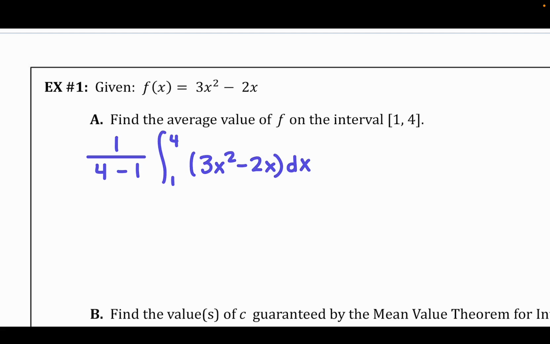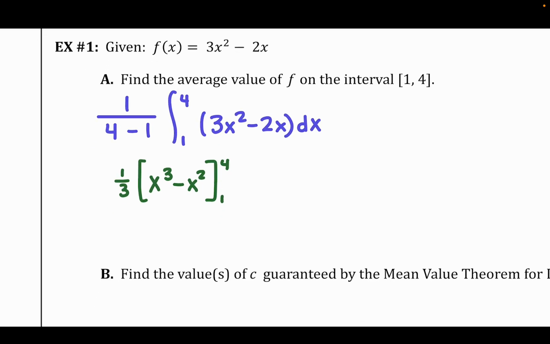All right, so I get 1 over 3, or 1/3, for my fraction out front. 3x squared, the antiderivative would be x cubed. The antiderivative of negative 2x would be negative x squared. And I'm going to evaluate that from 1 to 4.